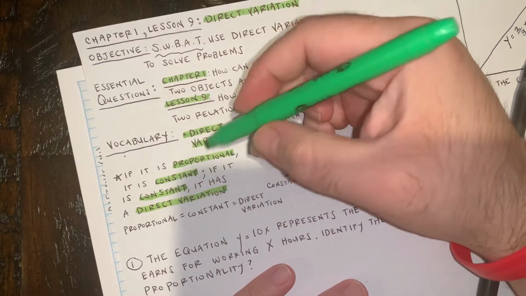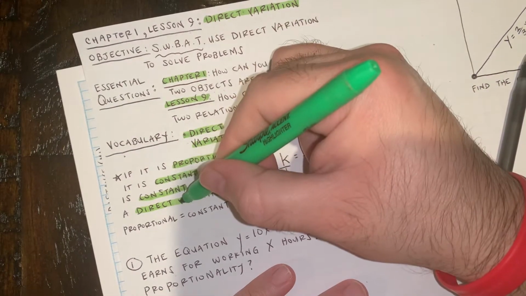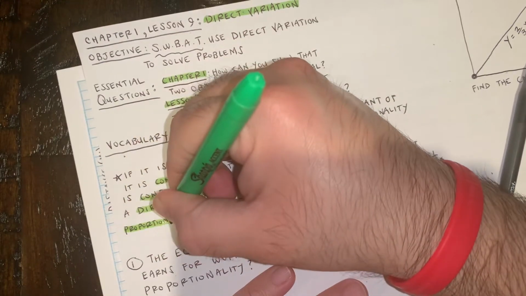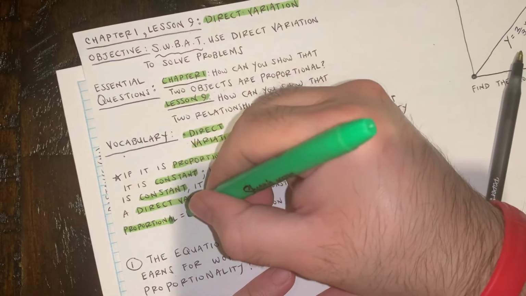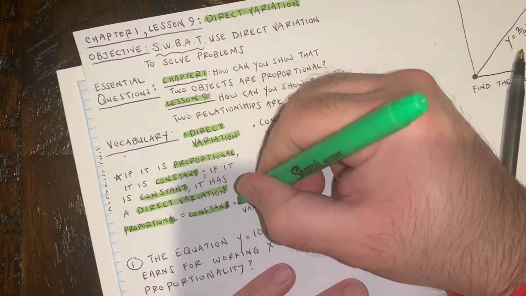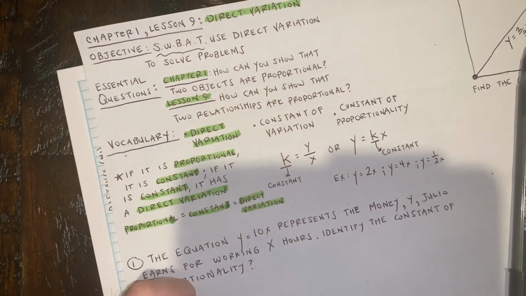So realize that these three words, proportional, constant, and direct variation, are connected. Because if something is proportional, that means that it is constant. And if it is constant, that means it has a direct variation. So all three words are connected.